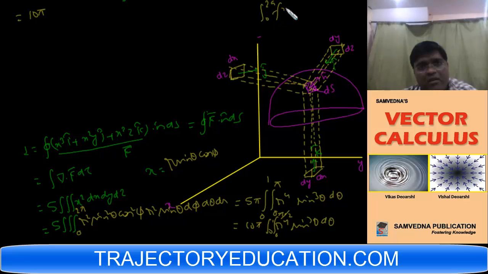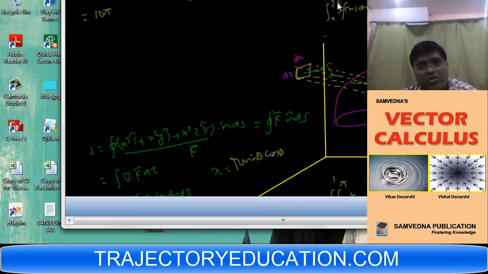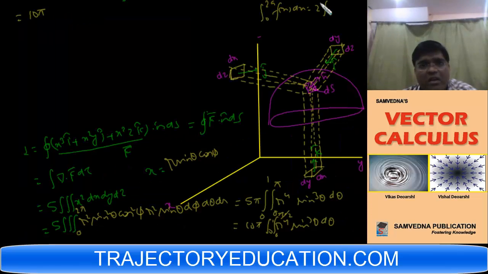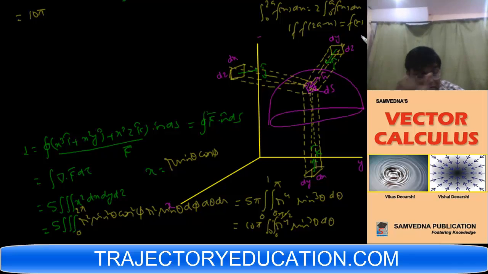See, we have used this property: integral 0 to 2a f(x) dx is 2 times integral 0 to a f(x) dx if f(2a minus x) is f(x). So it is followed over here.